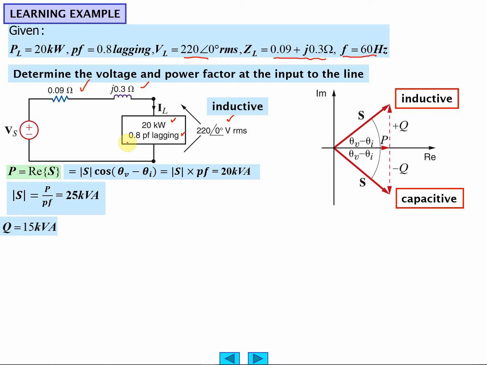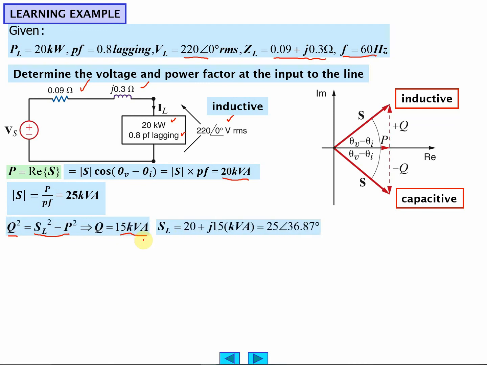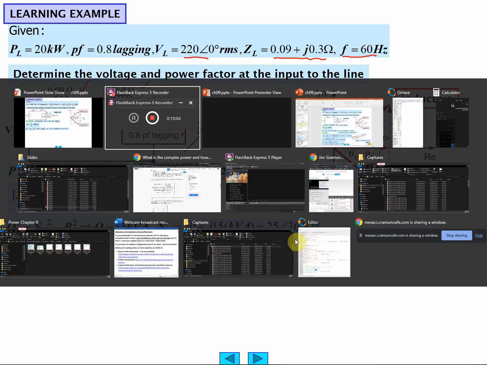That's the magnitude of S. We can get the Q, so we have the P, 20 kilowatts. We can get the Q from Pythagoras equation, Pythagorean theorem. And 15 kVAR is Q. And now we can write the complex power. It's 25 at 36.87 degrees.